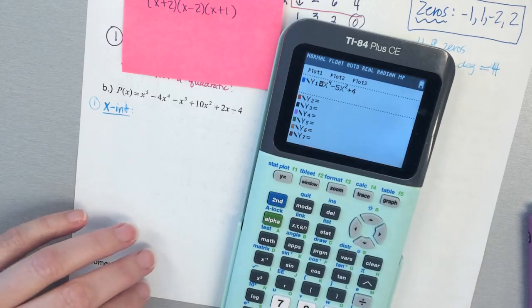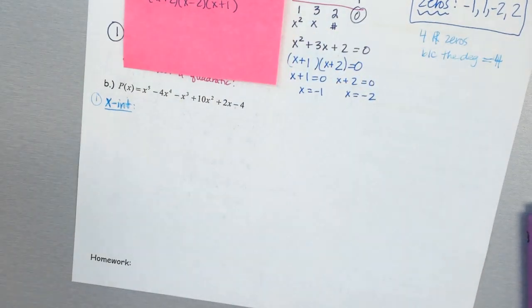So when you graph this, how many x-intercepts were you guys able to locate? Oh, you were? Yeah, I found 2 as well. 2 and -1. What was the other one that you guys found? Oh, okay.